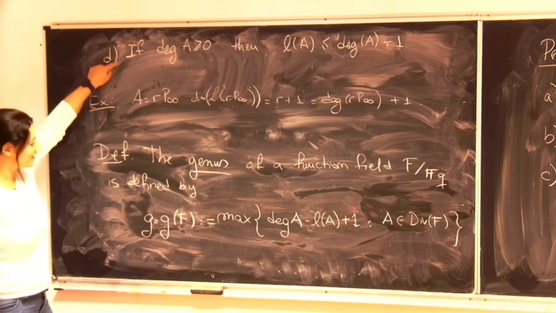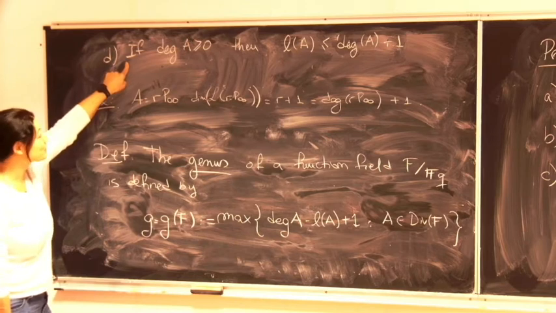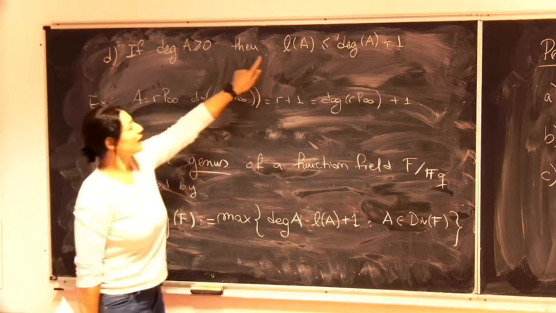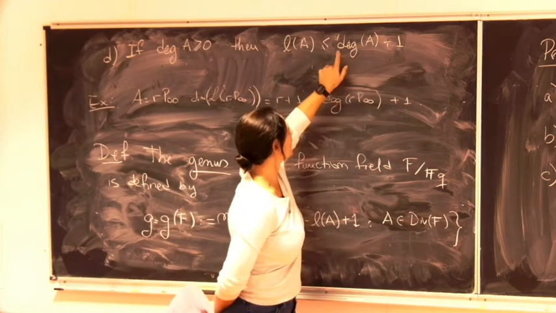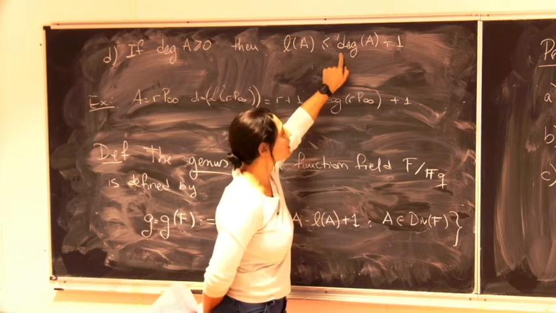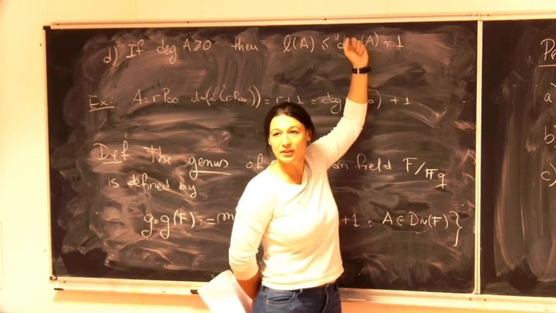And of course, since I have this proposition, if I put this on this side, what I got is that for every divisor, the degree of A plus 1 minus the dimension is always greater or equal than 0.